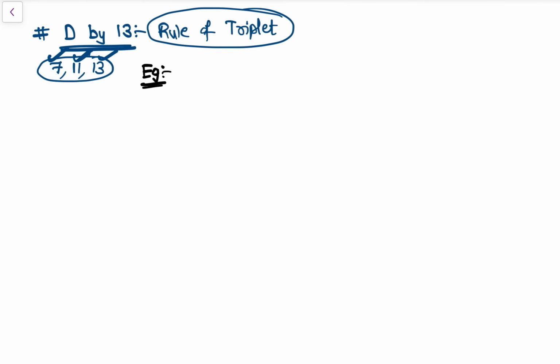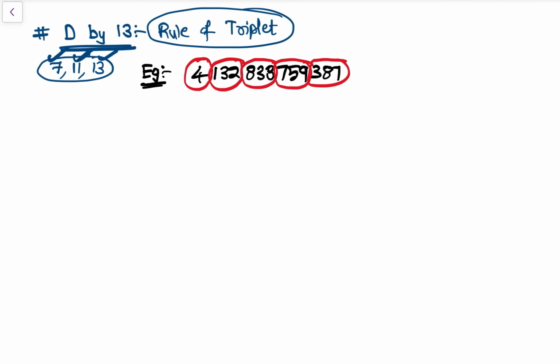Example is 4 1 3 2 8 3 8 7 5 9 3 8 7. So rule of triplet says 3 3 के ग्रुप्स में, और जो बचता है उसका ग्रुप.